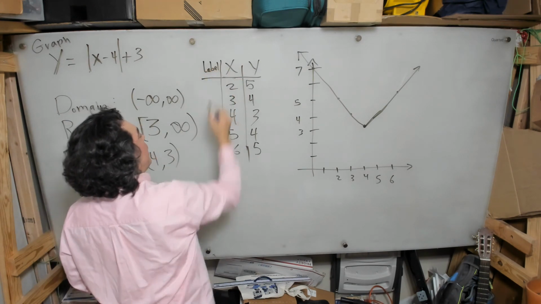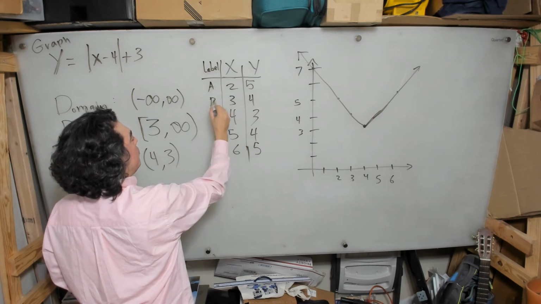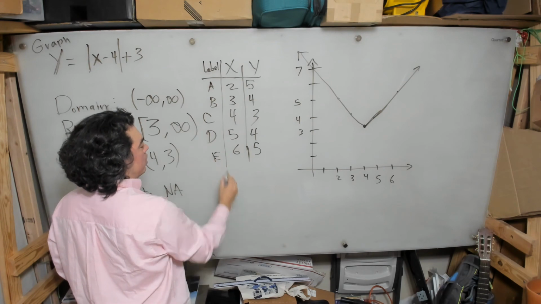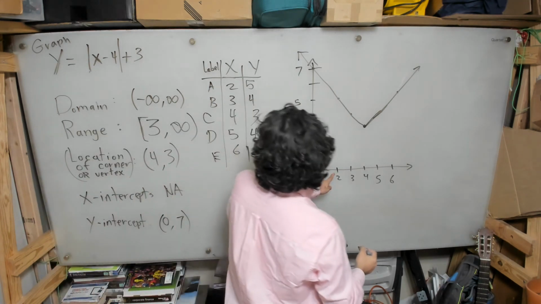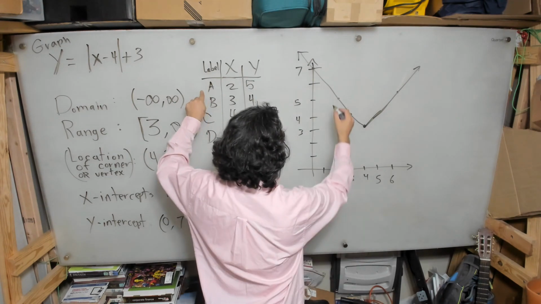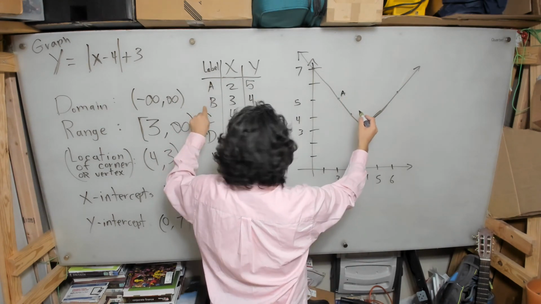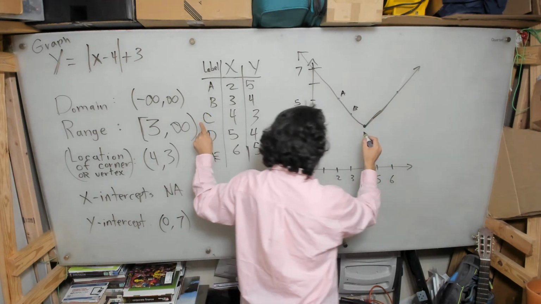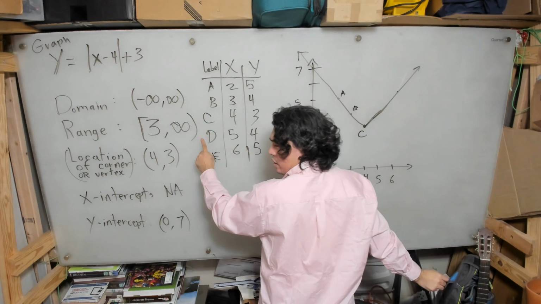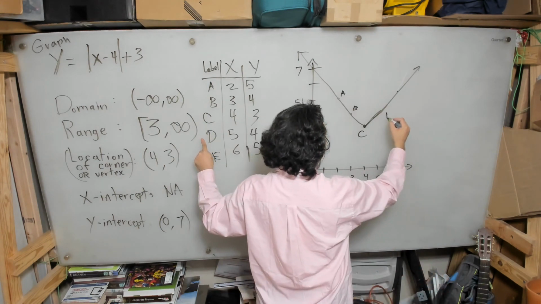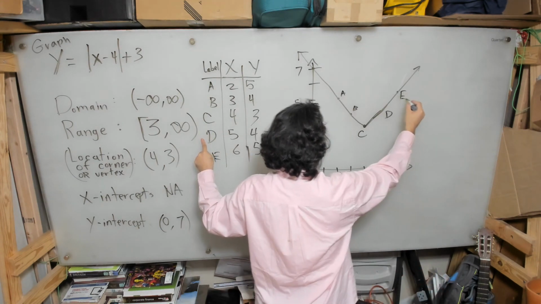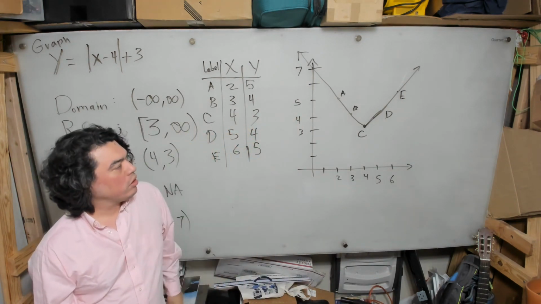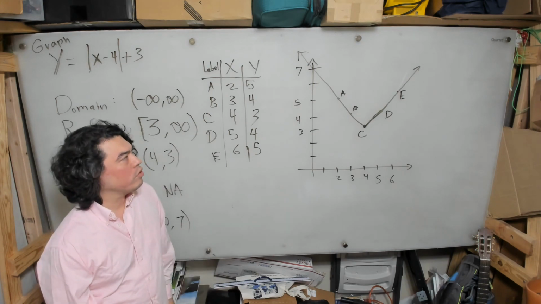I could label the points A, B, let's call this one C for corner, D and E. So the 2, 5 is labeled A, I could label this one B, this one C, the next one D, which would be here, and then this one would be E. That way the graph still looks nice, but all the points are labeled. You don't have to do that, but I was just showing you one way you could do it.